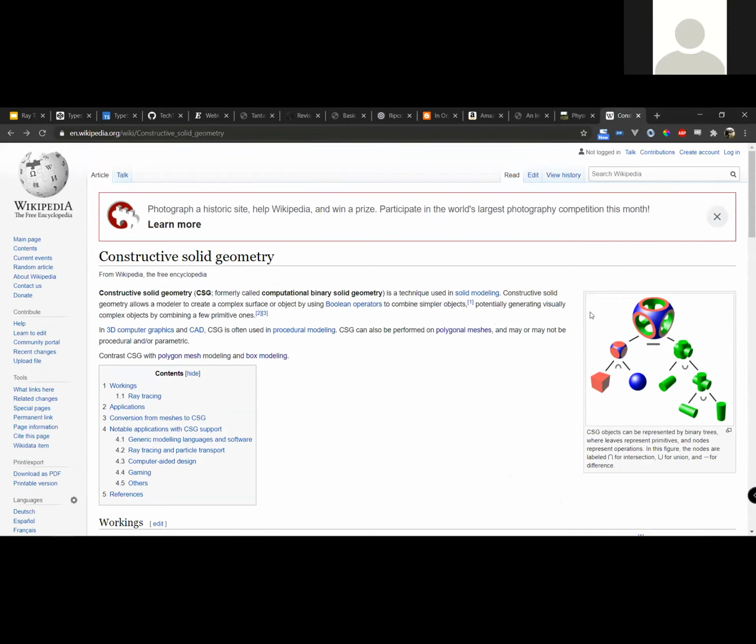That's my guess. For rasterization, it's meshes, and the real difference between solids and meshes is whether or not they have an actual inside. Rasterization generally uses meshes, and ray tracing generally uses solids like CSG. There's a software, POV-Ray, and they're really big on constructive solid geometry. But the big thing is when you slice a mesh, it's just a facade.